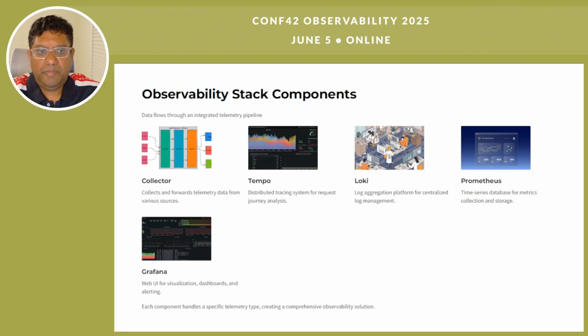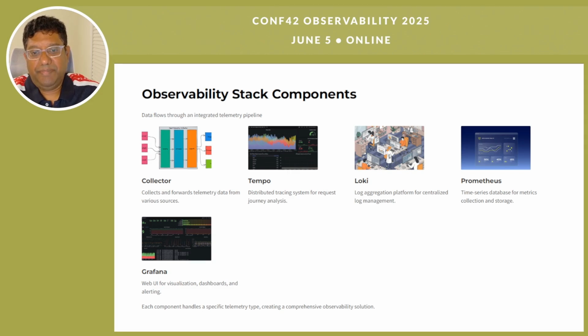Typical observability stack components are the collector, like our OpenTelemetry collector. Tempo is a tracing system, a distributed tracing system for a request. It explains how that particular request had its journey in our system.